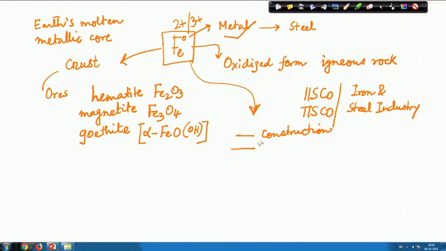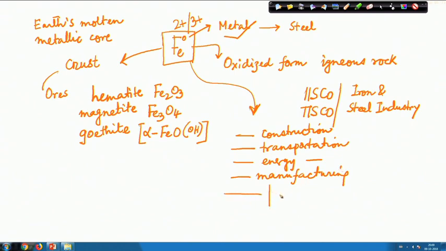They are also utilized for transportation, for making railway lines and all, then for energy, such as in electrochemistry, the electrodes and the materials, then for the manufacturing industry, then for packaging.